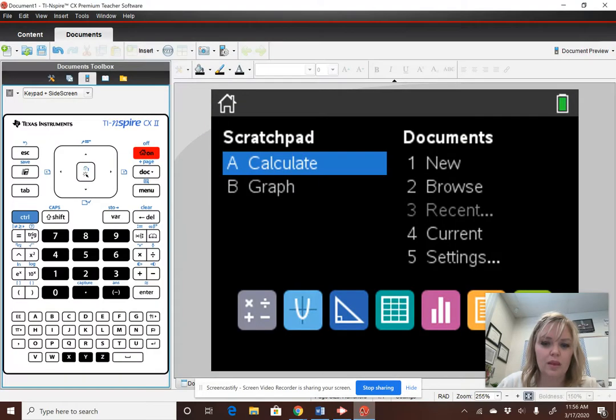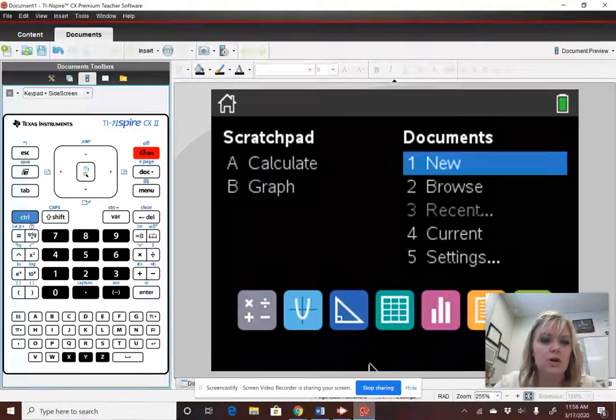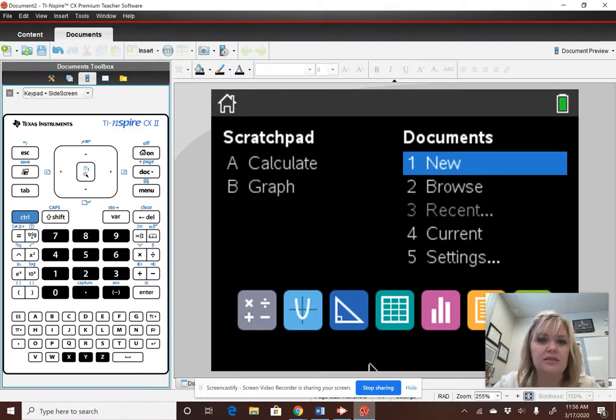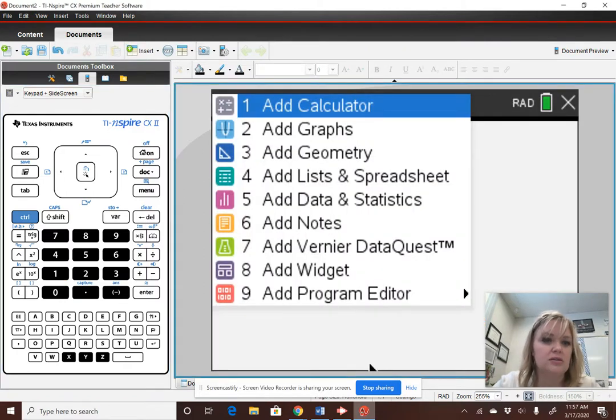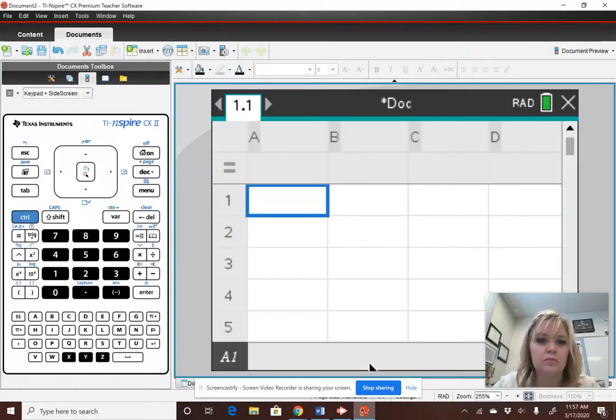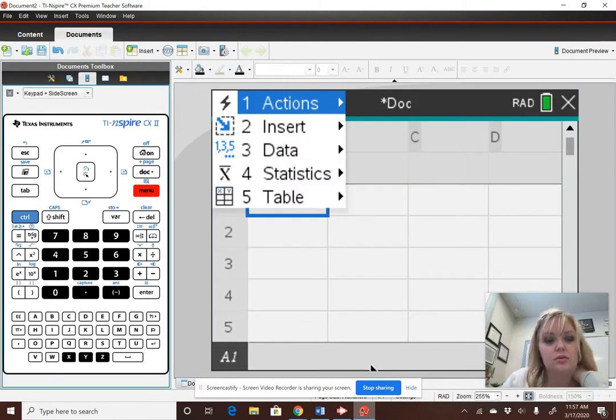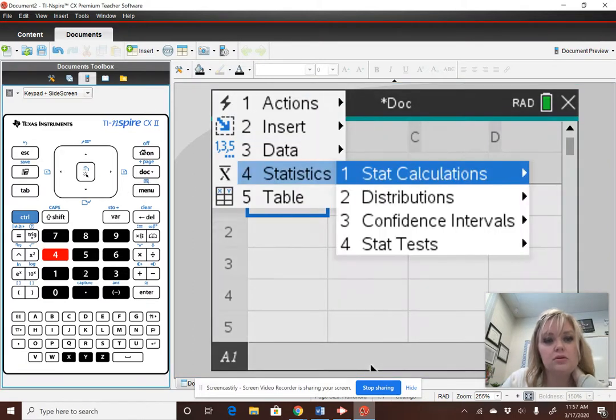I also wanted to show you another way to do the norm CDF where it will actually shade the area of the normal curve that you are finding. So from the home screen, you can just open up a new document and then select lists and spreadsheets, so option 4. And then right here, in an empty cell, select menu 422.